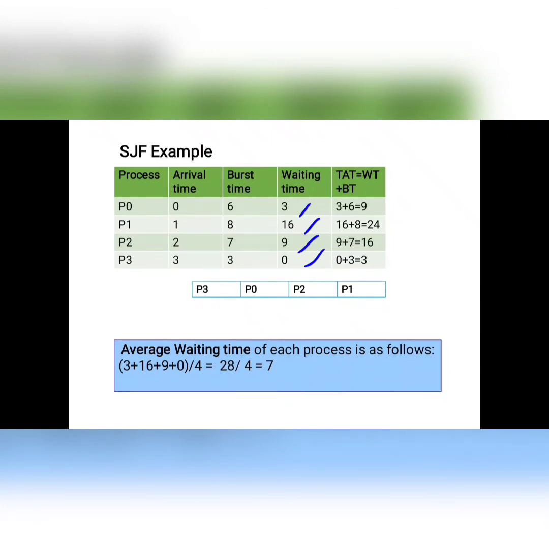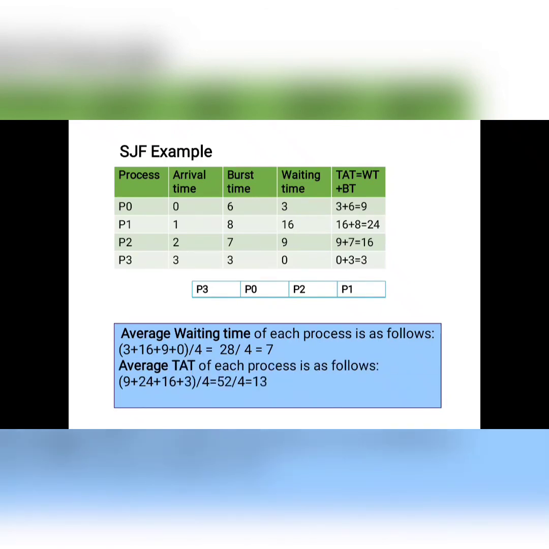So 28 by 4 is equal to 7. So 7 is the average waiting time for these values by using SJF, shortest job first. Next, average turnaround time. The values are 9 plus 24 plus 16 plus 3 divided by the total number of values, 4. So that is 52 by 4, which is equal to 13.